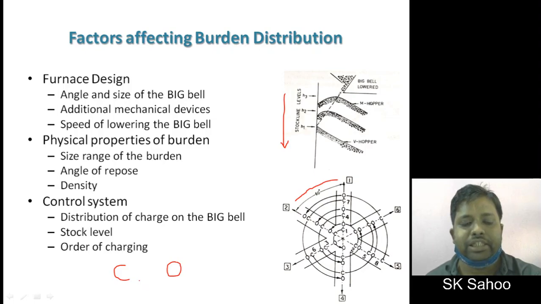Commonly used charging sequences are CN and OM, that means N skips of coke and M skips of ore. Then it is down, that means it is charged inside the furnace. So different types of charging sequences are there. The uniformity index should be maintained inside the blast furnace.